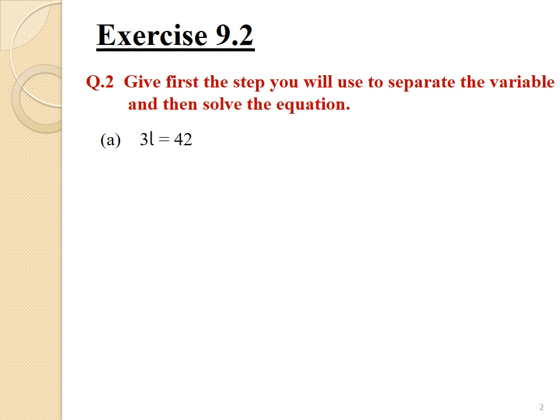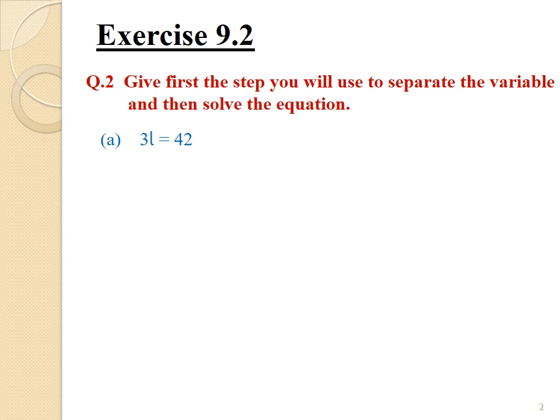3L equals to 42. Students, in this equation, we have to use the division law. We have to divide both the sides by 3. By doing so, we will get just L on left hand side. Students, note that we have to divide in the form of fraction.